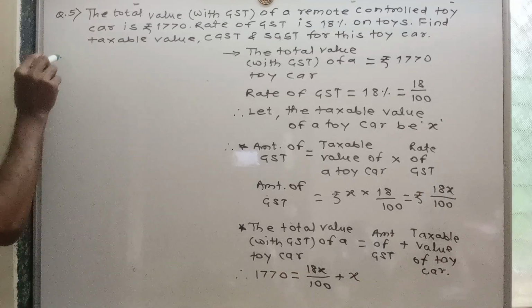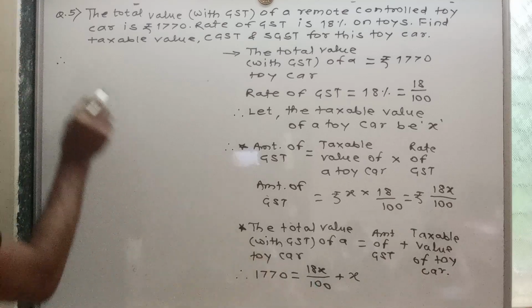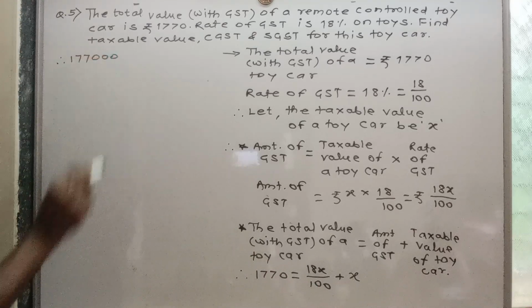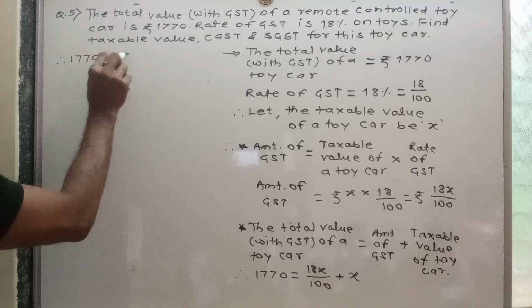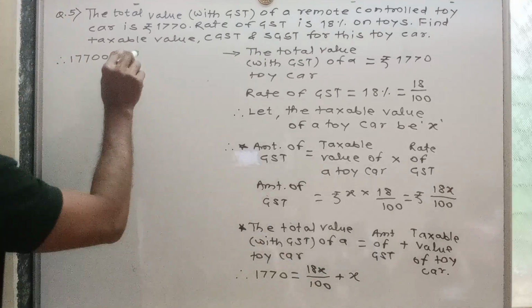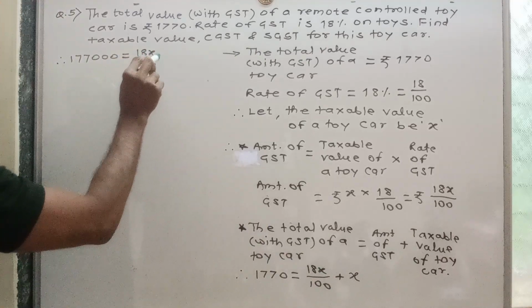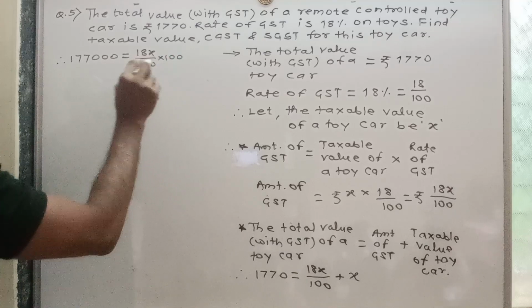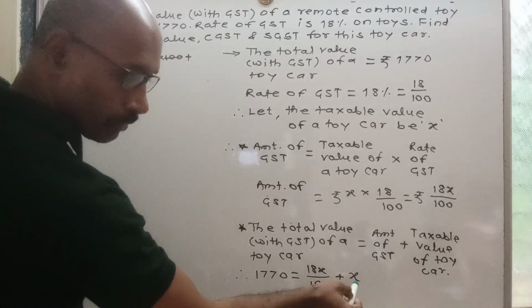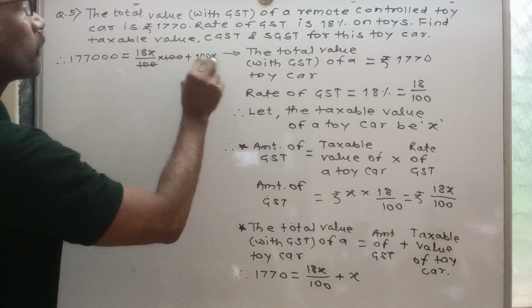Therefore 1770 into 100, we add two zeros, is equal to 18X upon 100 multiplied by 100, so 100 cancels, plus X multiplied by 100, therefore 100X.